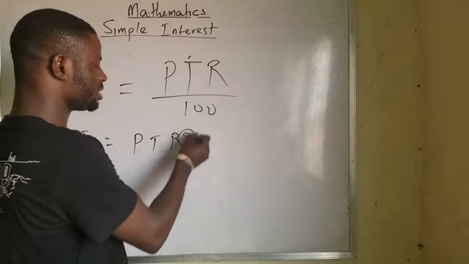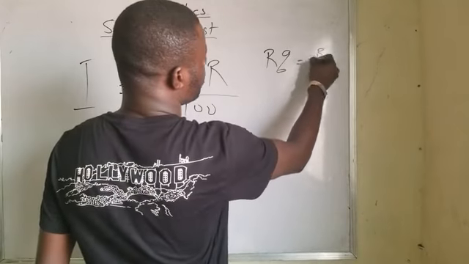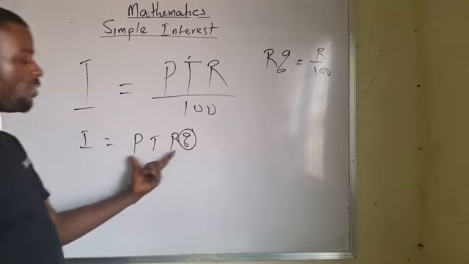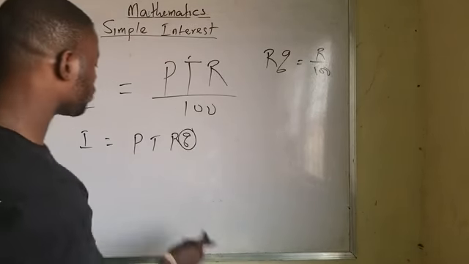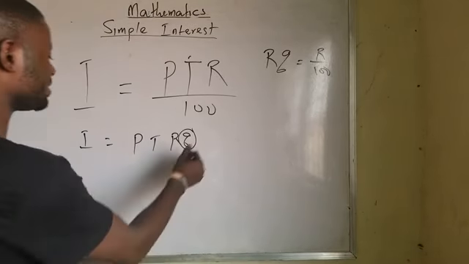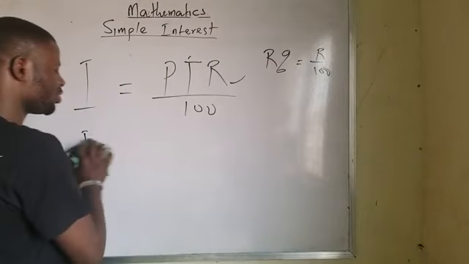Because of this percentage, we know that R percent means R all over 100, and they function in a product form. That is why this and this are the same. Now, with the help of elementary mathematics, there's a topic called changing the subject of a formula.